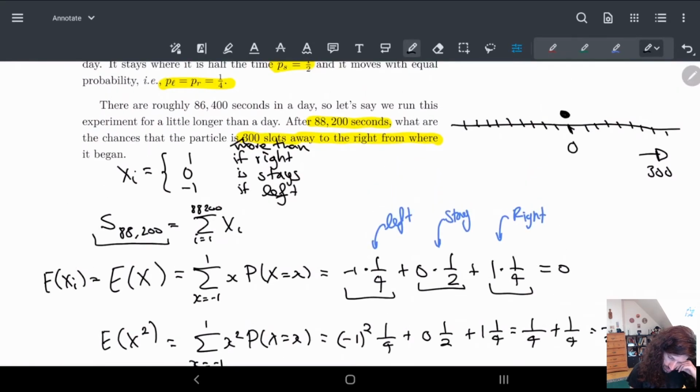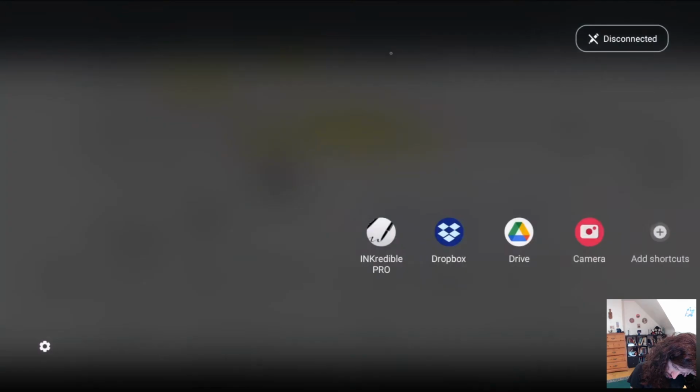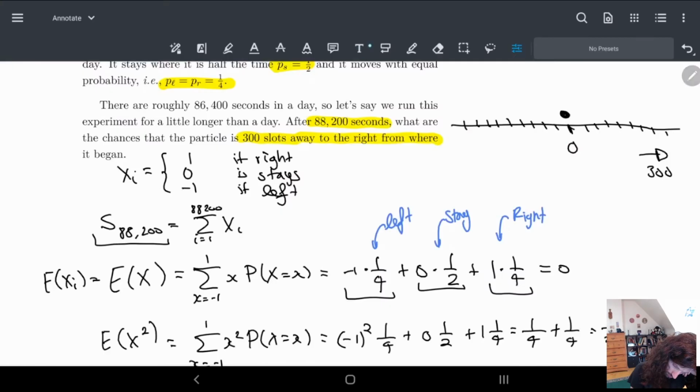It's 300 more. 300 slots. There's 300 or more. Or is at least? At least, that's better. Is at least 300 slots away.